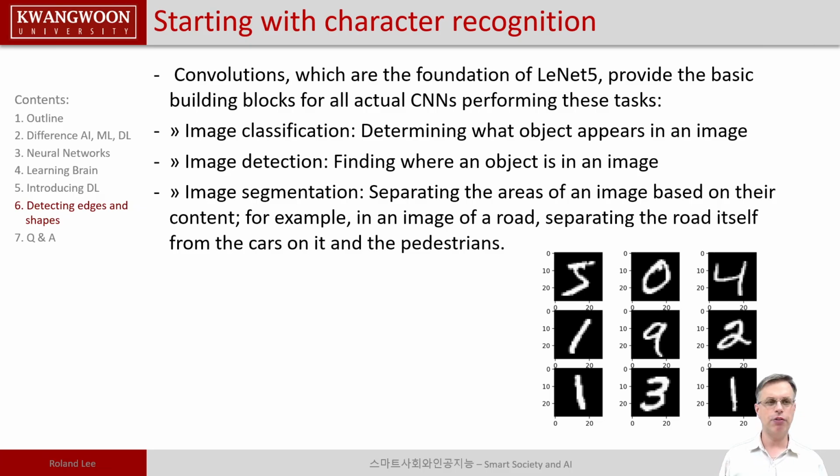Image classification, so determining what object appears in an image. Image detection, finding where an object is in an image. Image segmentation, separating the areas of an image based on their content. For example, in an image of a road, separating the road itself from the cars on it and the pedestrians on it.